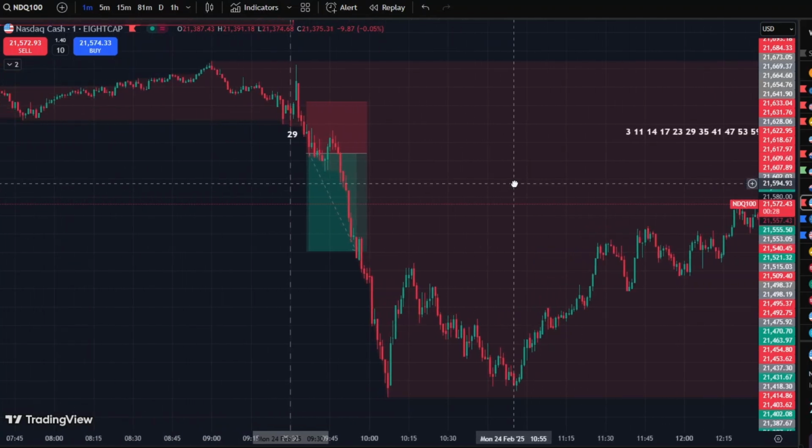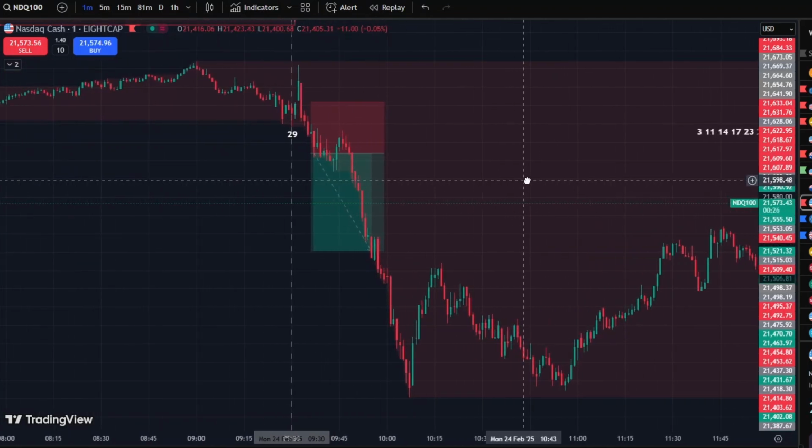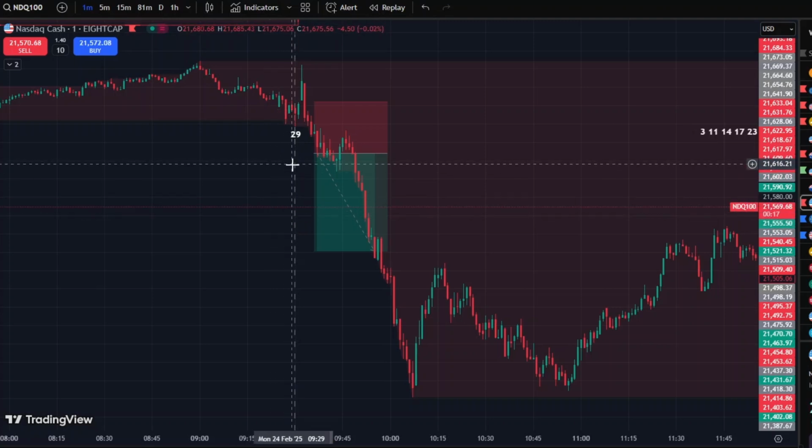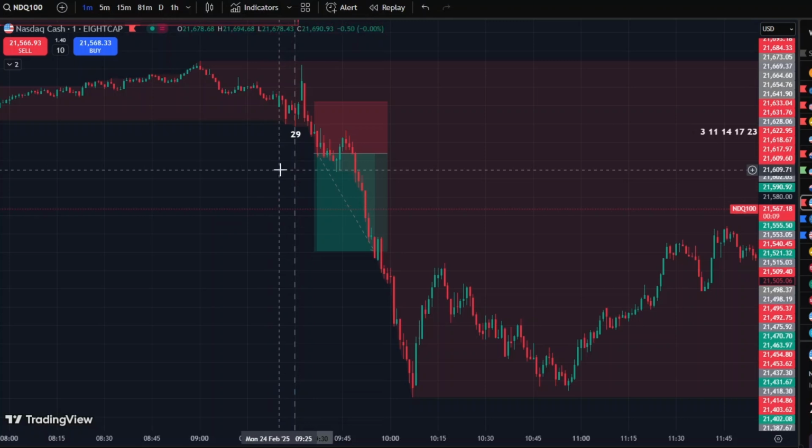Let's do an example. I took a trade today. This was the opening for New York session, and this higher low got created at 9:30. So it's 29. So we can give 1 minute plus or 1 minute minus.